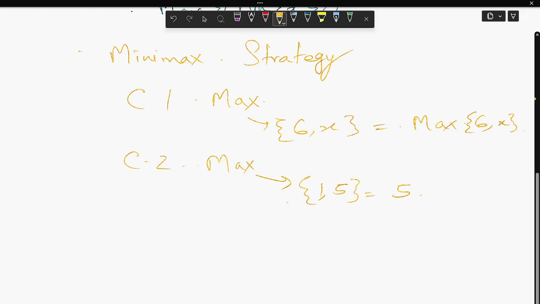So the minimax value will be the minimum of the maximum of 6 comma x comma 5.